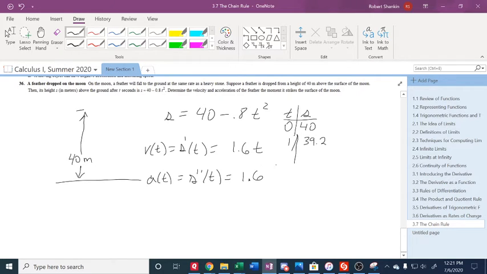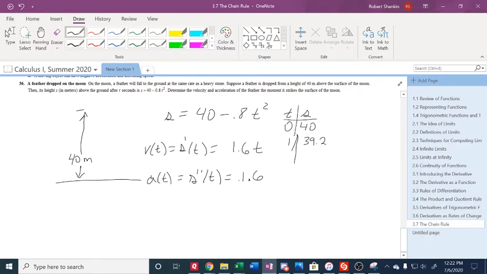All right, and this number right here, 1.6, if this was on the surface of the Earth, it would be 9.8. That's how much smaller the acceleration is on the surface of the moon than on Earth.